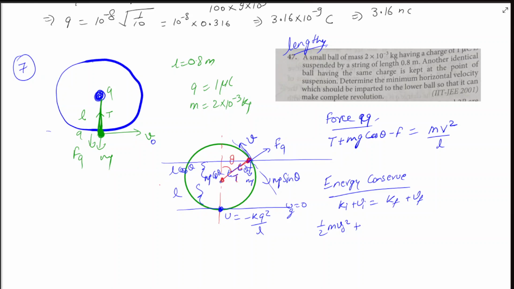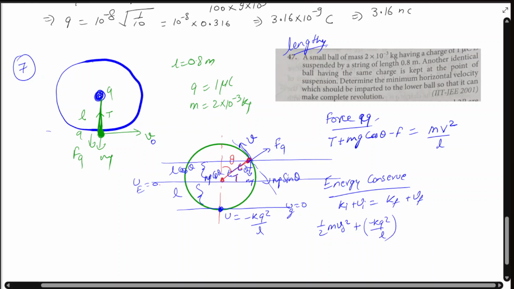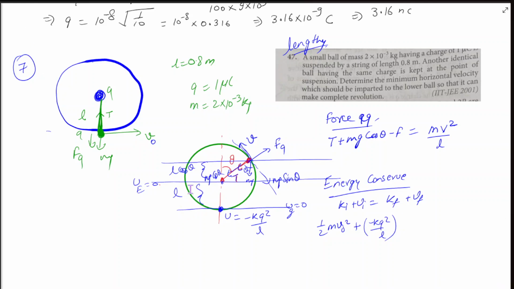This is U electrostatic here, so it will be minus kq square by L. Okay, this point, I should not write it as a line, should remove this. So this point has U electrostatic minus kq square by L.